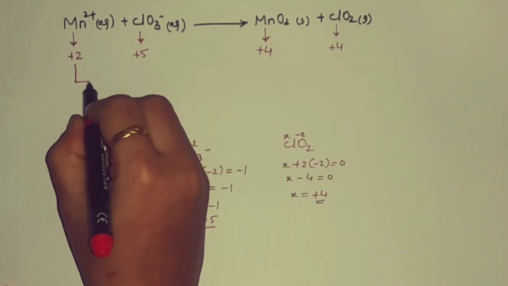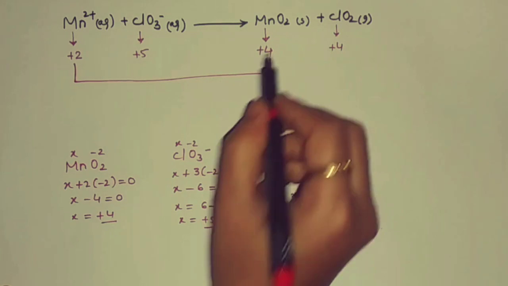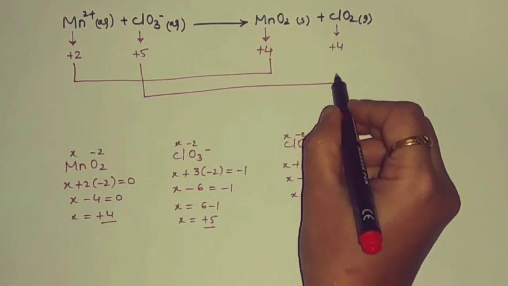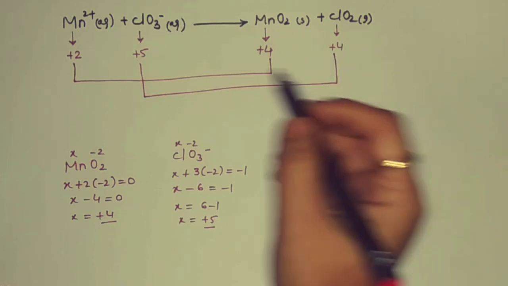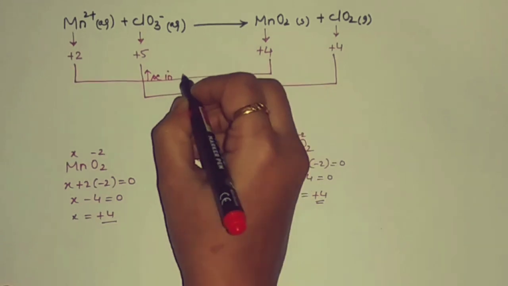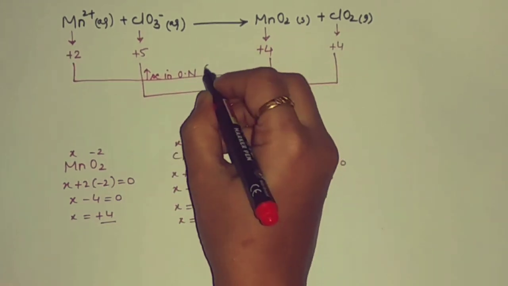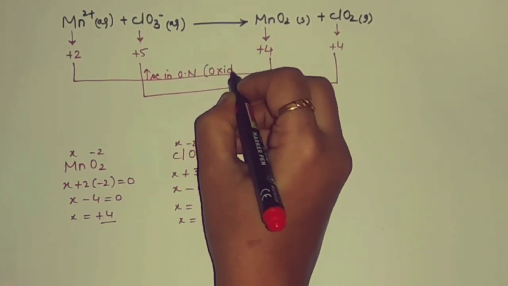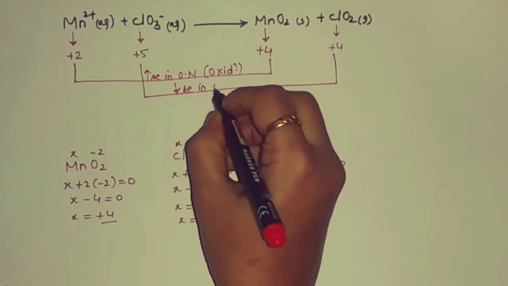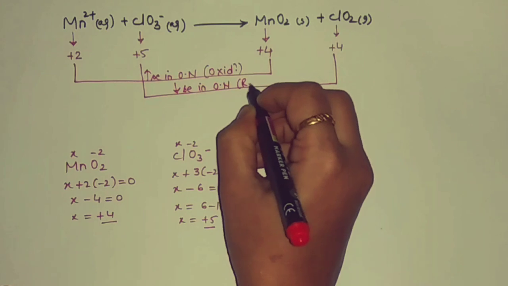Here we can see that there is an increase in oxidation number from +2 to +4, and a decrease in oxidation number from +5 to +4. So an increase in oxidation number is oxidation, and a decrease in oxidation number is reduction.